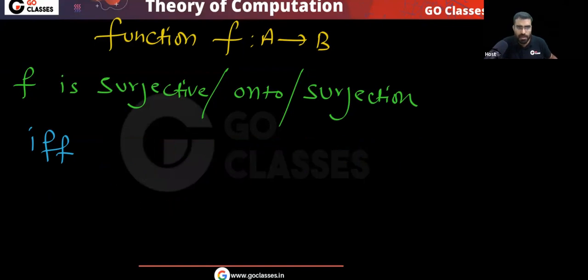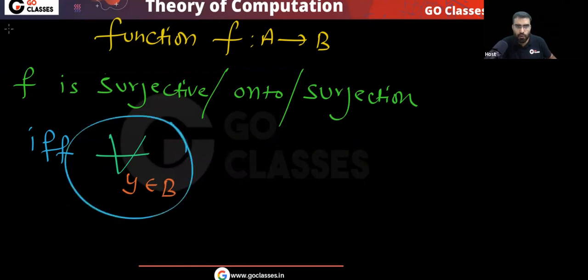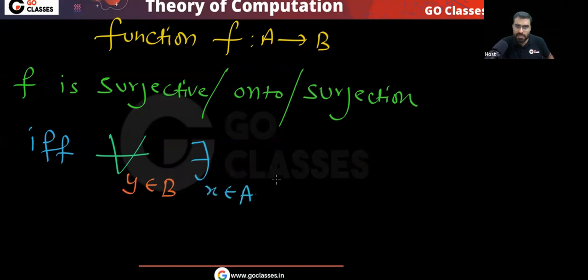For every element in the codomain, if you take any element, what must happen? There should exist some element x in the domain such that f(x) equals y. Yes or no?